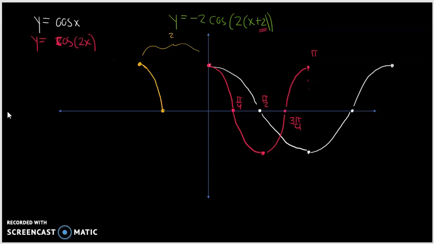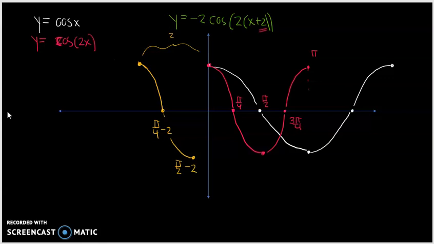The point at pi over 2, about 1.5, minus 2, is down at its apex there.